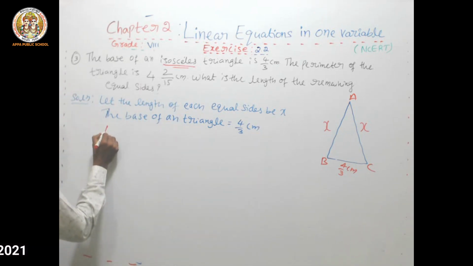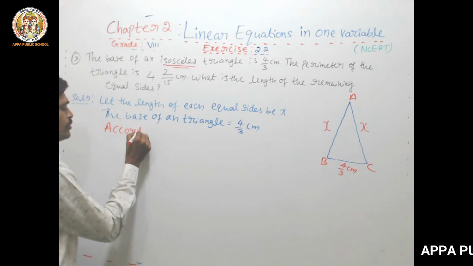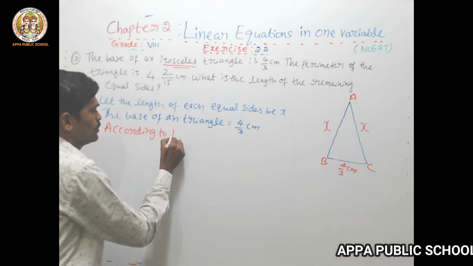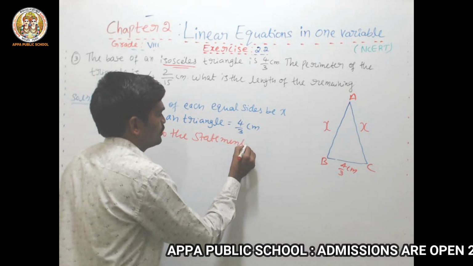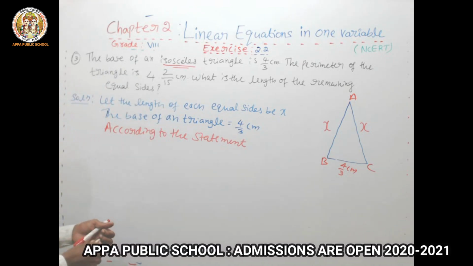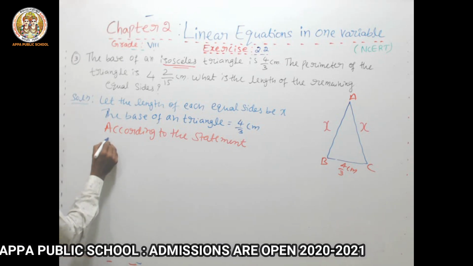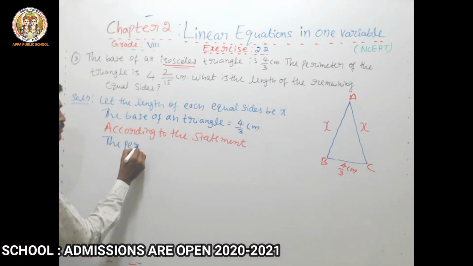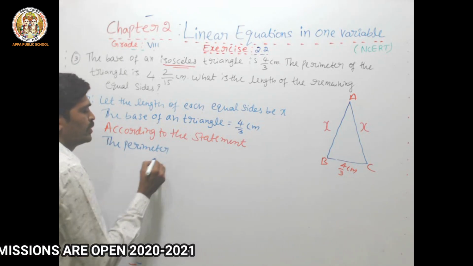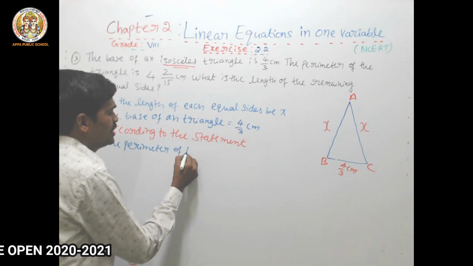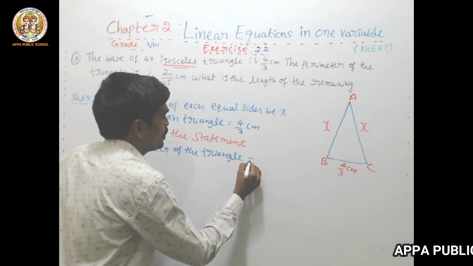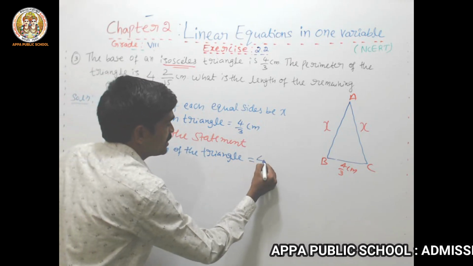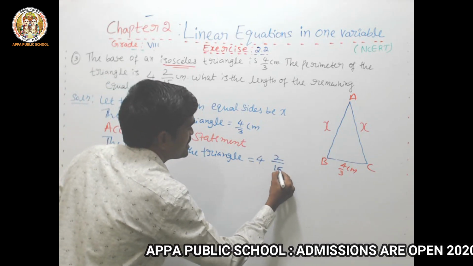Now, according to the statement, the perimeter of the triangle is given. The perimeter of the triangle is equal to 4 integer 2 by 15 centimeter.